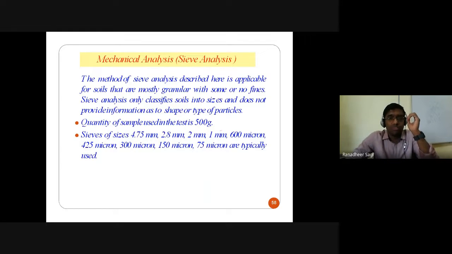From the sieve analysis, what we get is the different sizes of particles only. We are not able to retrieve any information regarding the different shapes of particles existing in that soil mass. The quantity of soil sample that we typically use in this mechanical sieve analysis is approximately 500 grams.